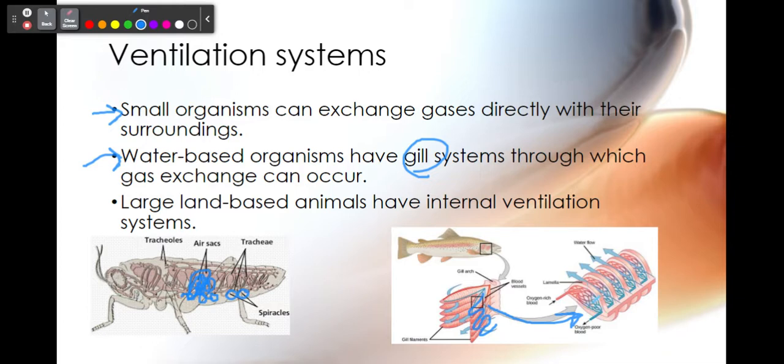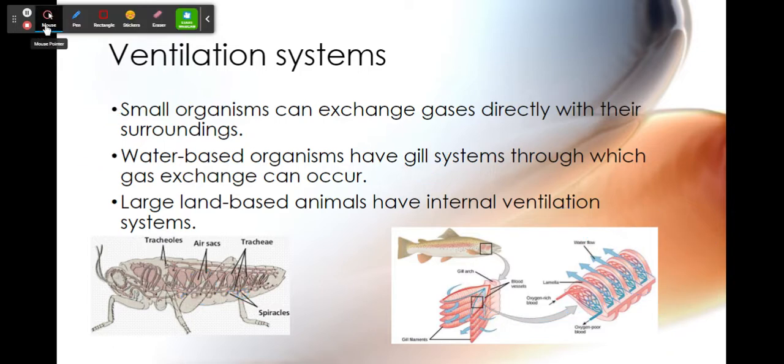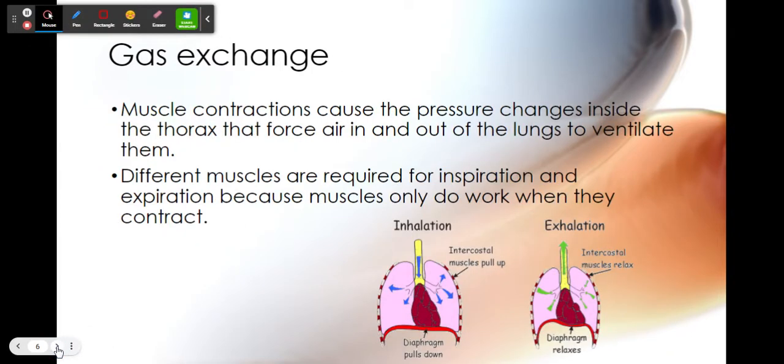So that CO2 in the gills is in higher concentration. It will diffuse out into the water. There's more O2 dissolved in the water, and so that higher concentration will diffuse to the gills. And then the transportation of the blood away from the gills means that the new blood coming in is high CO2 and low O2. And so once again, we are maintaining that crazy high concentration gradient.